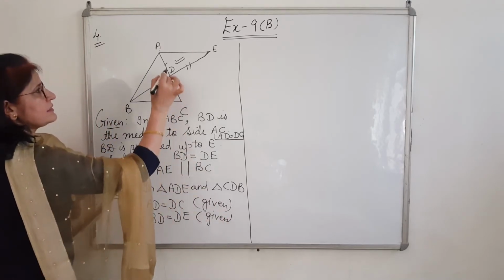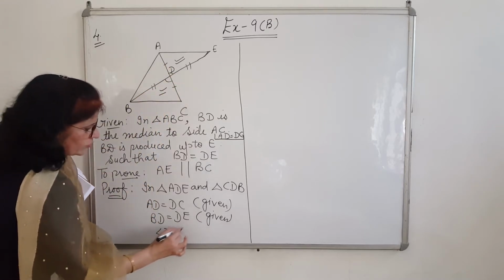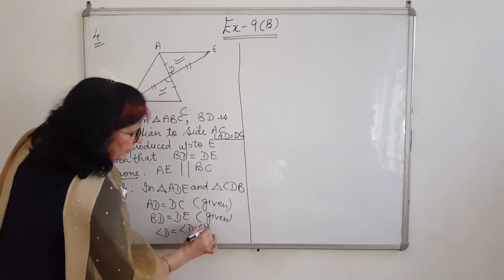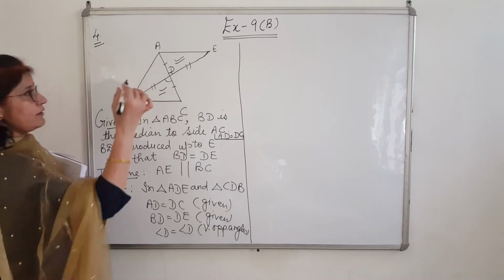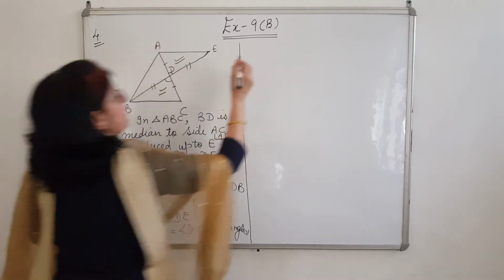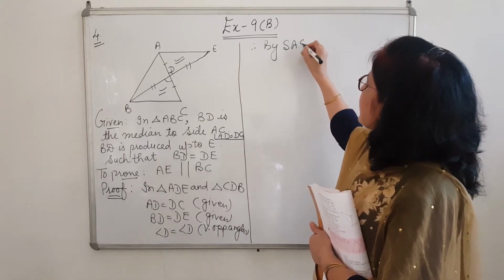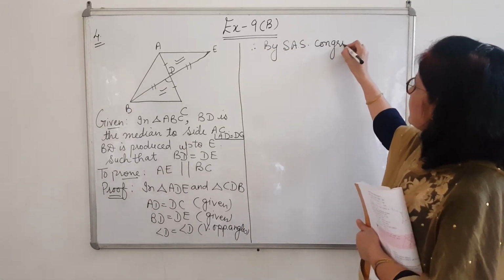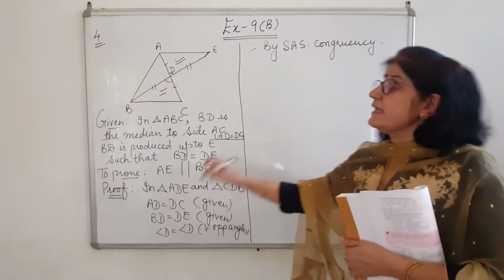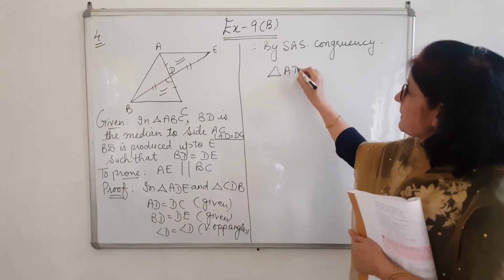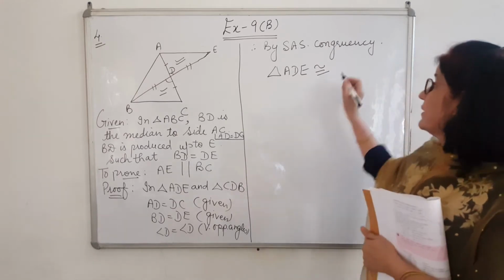Third thing, angle D is equal to angle D. Why? Vertically opposite angles. So which property we will follow here? Side, angle, side. Therefore, by side angle side condition of congruency, triangle ADE is congruent to triangle CDB.